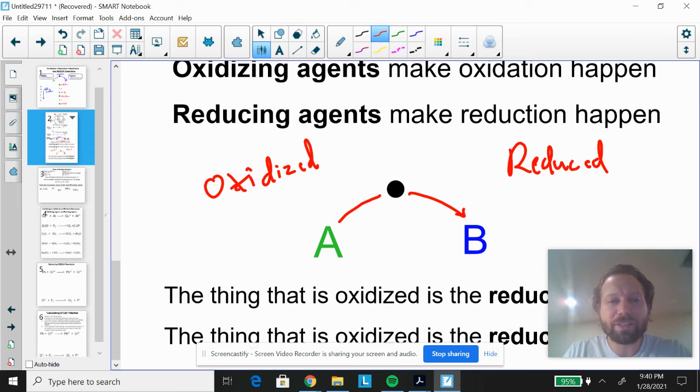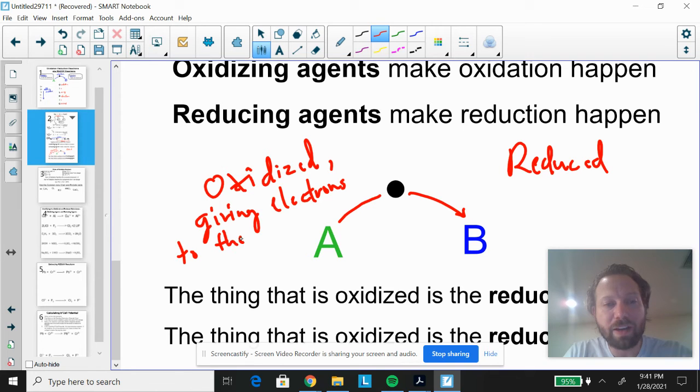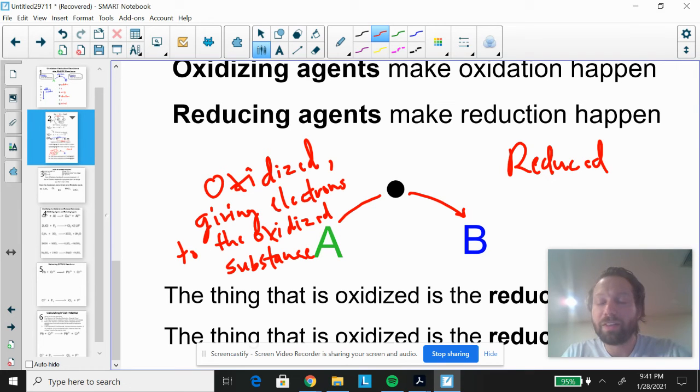What does that specifically mean? Well, it means that A, in this case, is being oxidized, but it is helping or giving electrons to the oxidized substance. In this case, it's B. I'm sorry, I apologize.